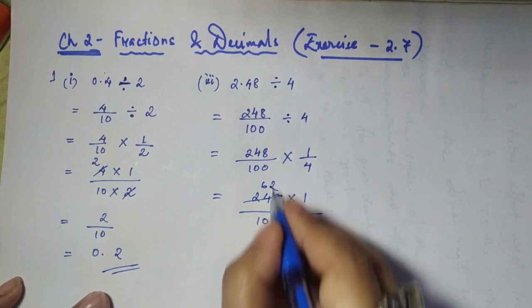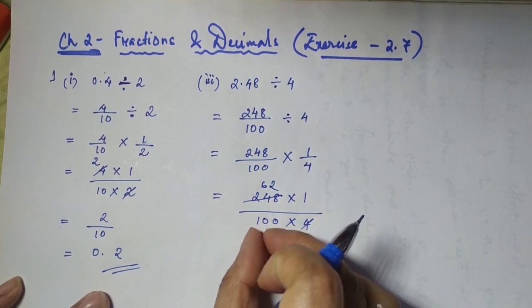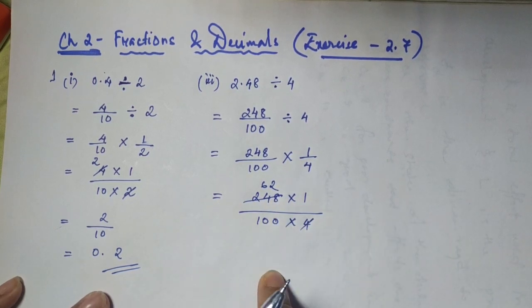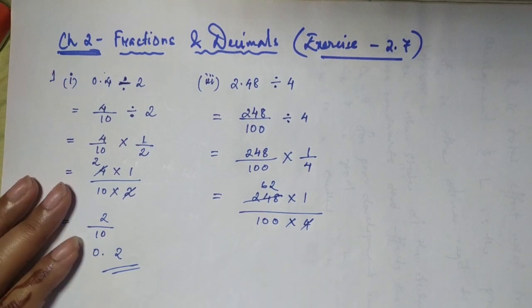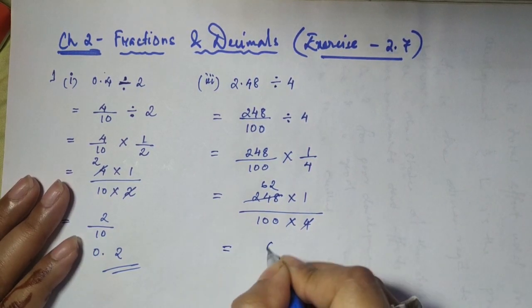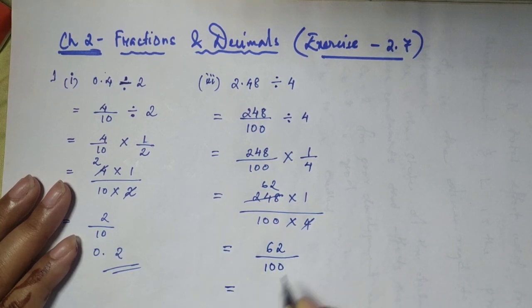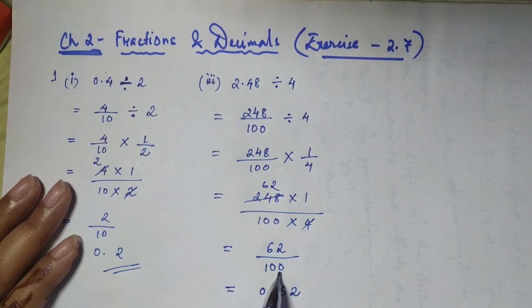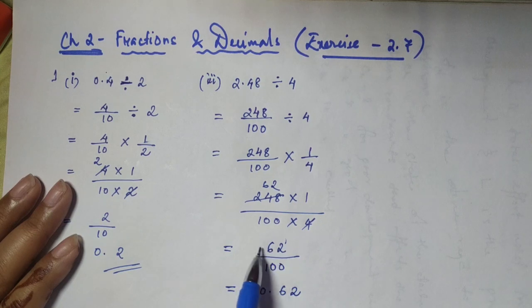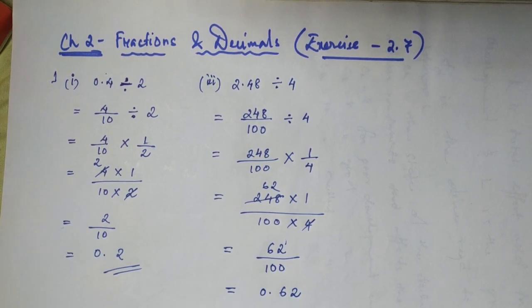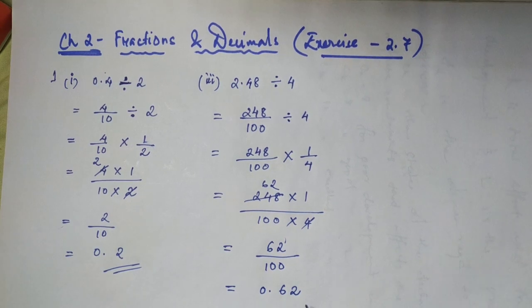Now this also can be cancelled, but when you cancel it will become 25 or 50, and then it will become more complex. Again you divide and find it in a decimal way, but finding this is easier. It will become 0.62. There are 2 digits, so the point comes 2 digits before the number. So the answer is 0.62.